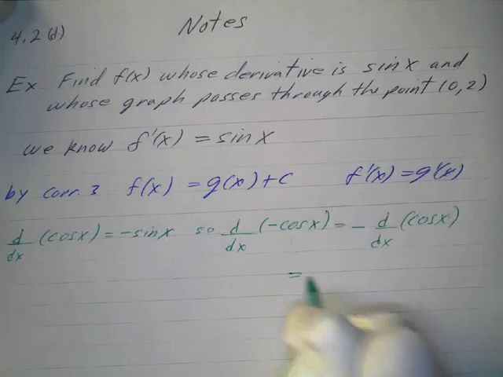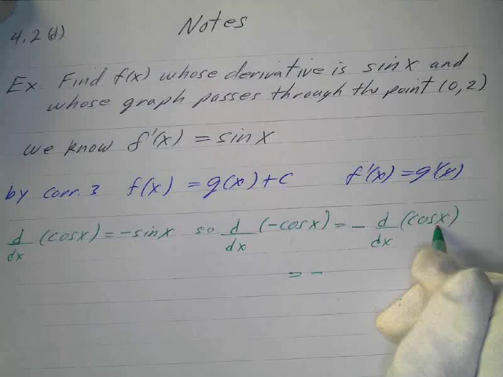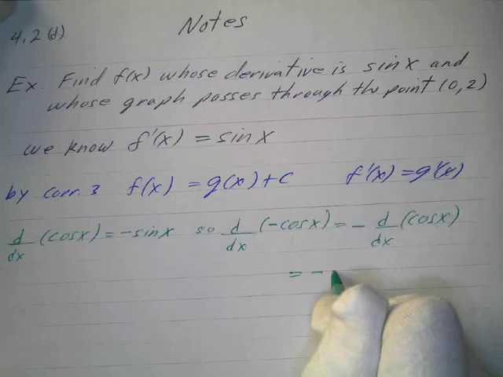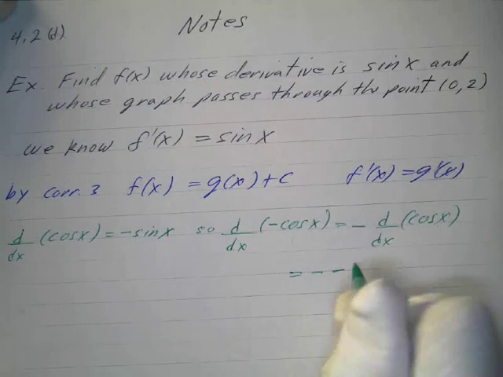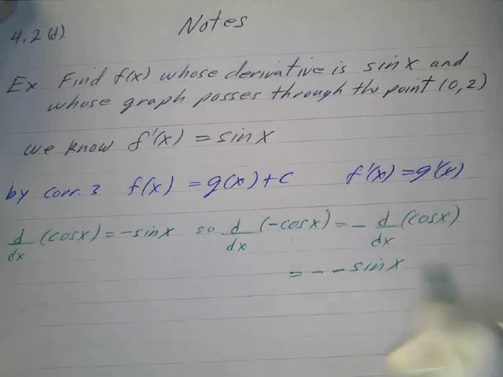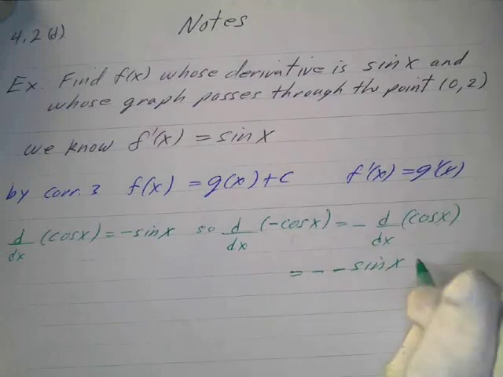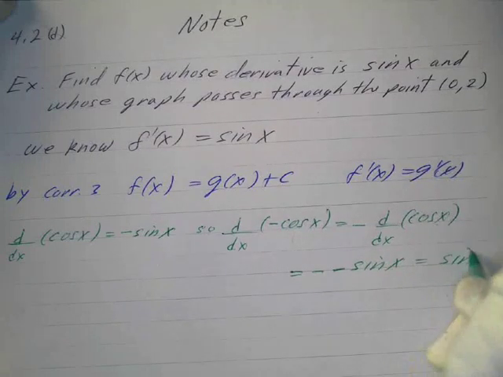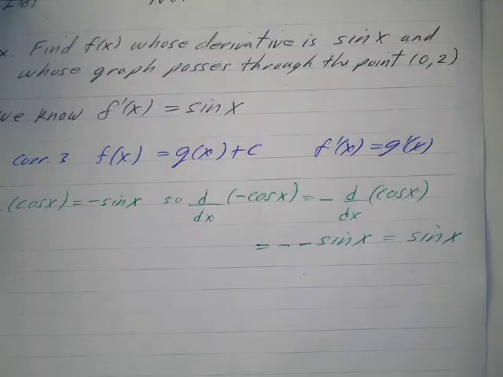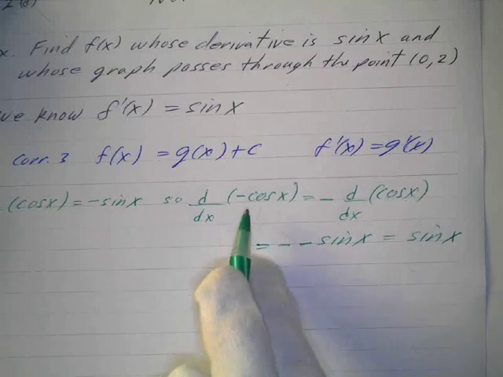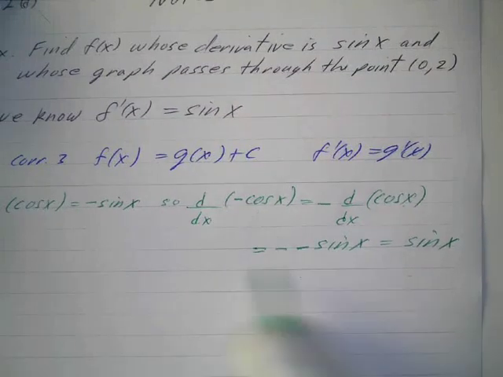Well, that's going to be negative, and the derivative of the cosine of x is negative the sine of x. And a negative times a negative is a positive, so that equals the sine of x. So it looks like negative cosine of x will work. In other words, if f is negative the cosine of x, the derivative of that will be sine of x.